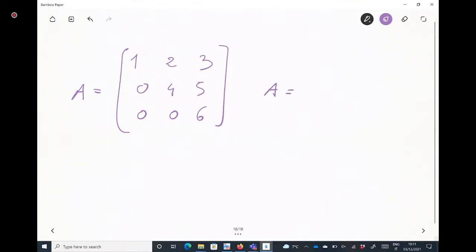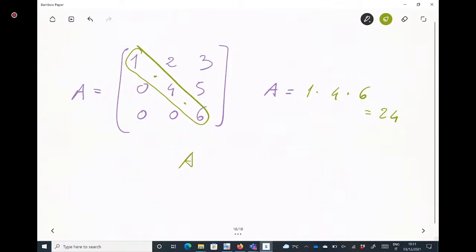Its determinant, you can realize this by applying the Sarrus rule, and even more generally with a more general method, which is called the cofactor expansion method, which is in the extended set of slides I have uploaded, okay? You can see that for a triangular matrix, the determinant is just the product of the elements in the main diagonal. So it is 1 times 4 times 6, equal to 24, okay? For a triangular matrix, the determinant is the product of the elements in the main diagonal.